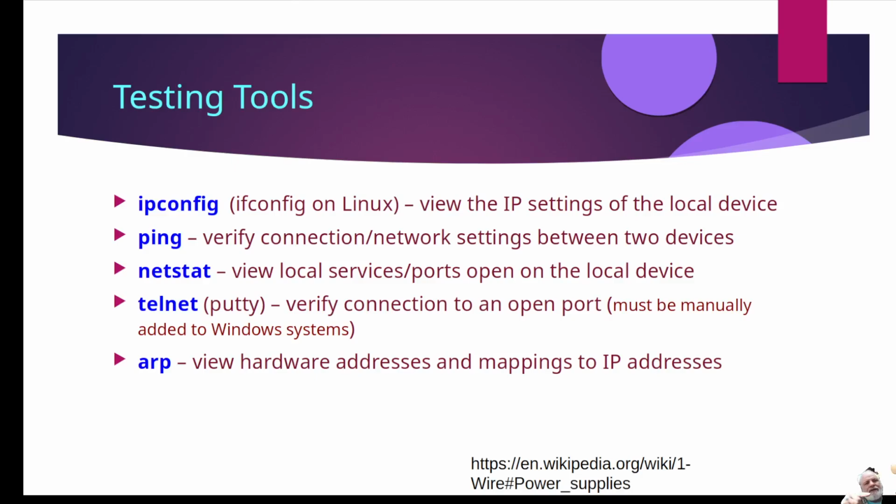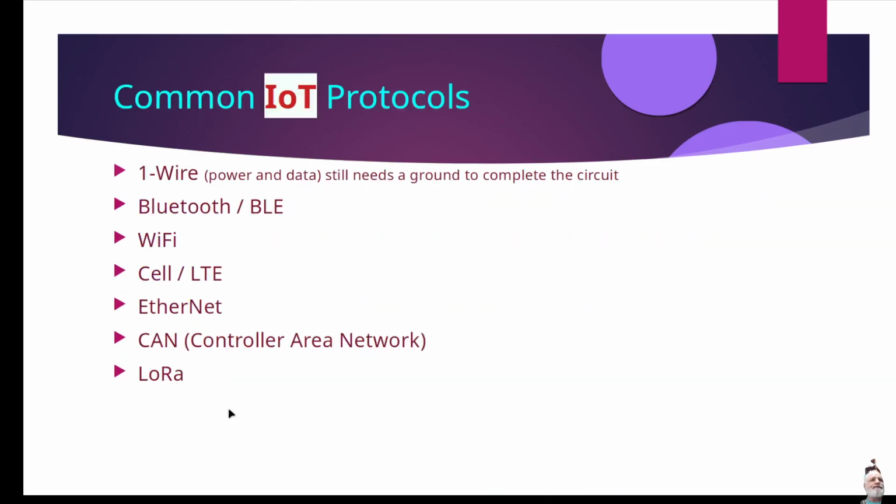And so what it'll do is it'll look at all the devices on your local network. This only works on the local network. It won't show you remote devices because you're not on the same network, but it will show you everything on your local network and map the internet address that's currently assigned to that device with its physical hardware address.